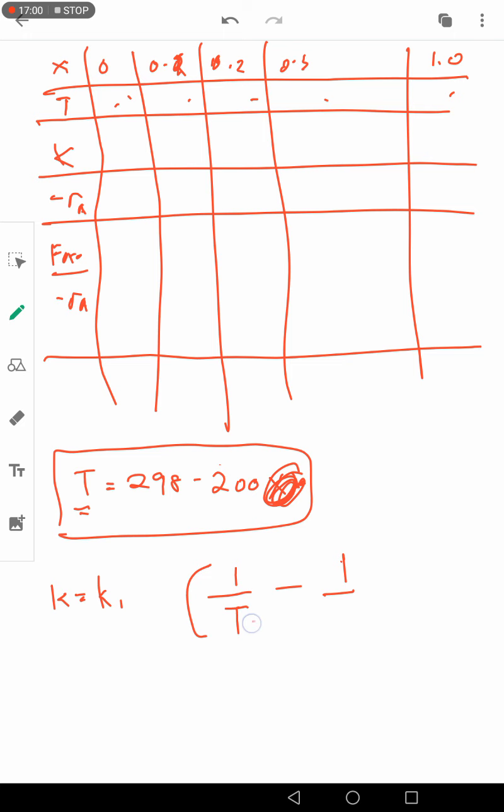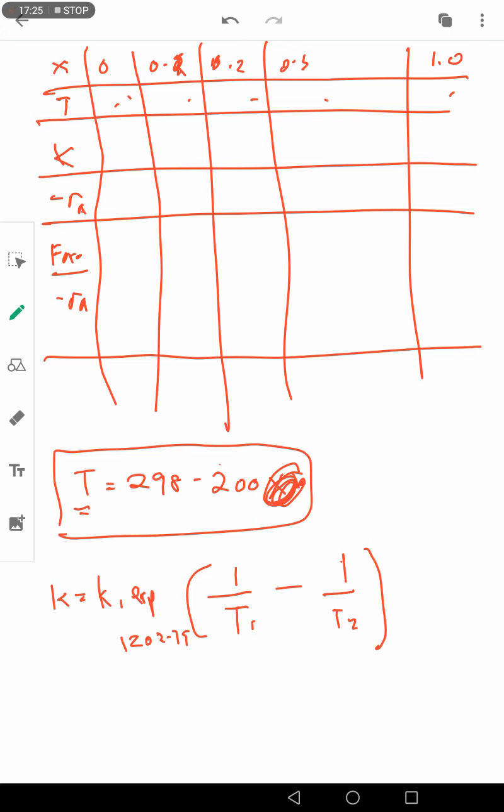Contoh 1 over T1, 1 over T2, saya bagi contoh. Okay, dia buat K1 exponential 1202.79.